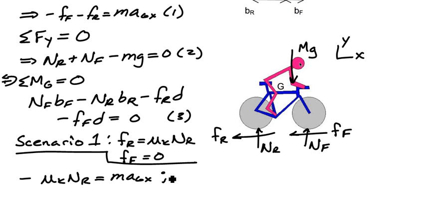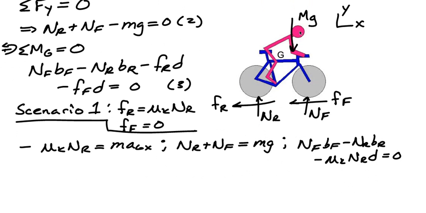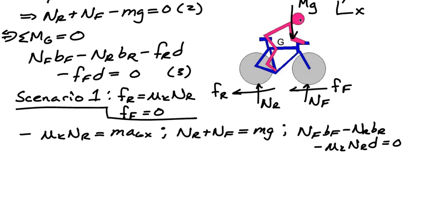I'll also have from equation 2, NR plus NF equal to mg. And from equation 3, I'll have NF times bf minus NR times br minus mu k times NR times d is equal to 0. So I can work through these equations and find a_gx.